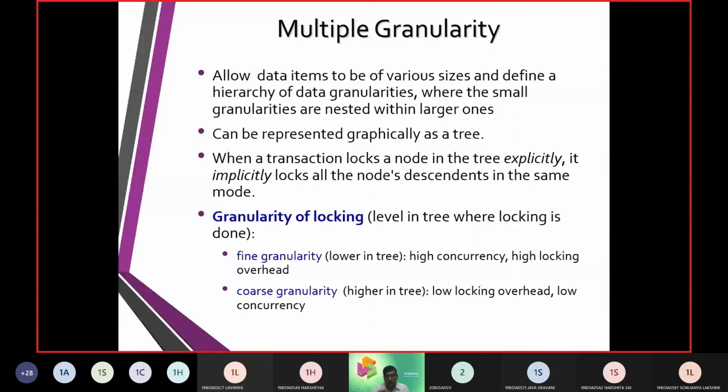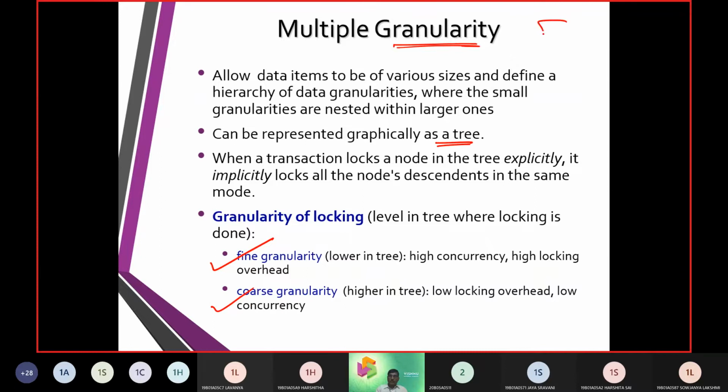Next, an extension to deadlocks is to work with granularity. So when we draw a granularity, we represent things in the form of trees. One is called fine granularity. Two, we call it coarse granularity.